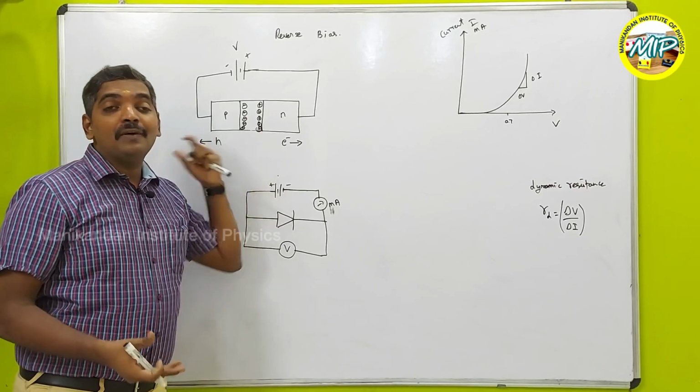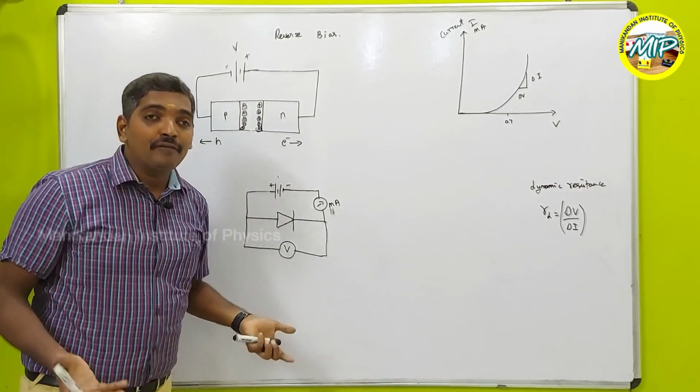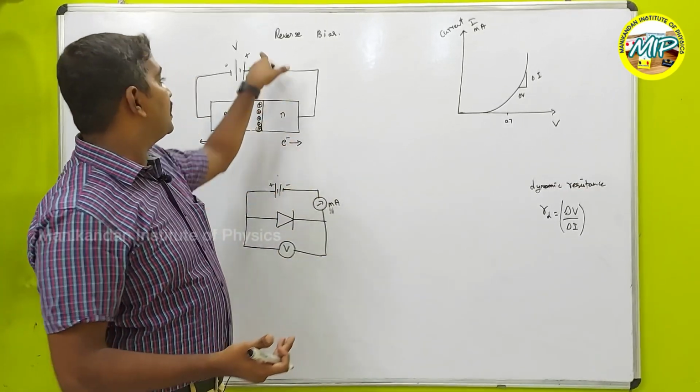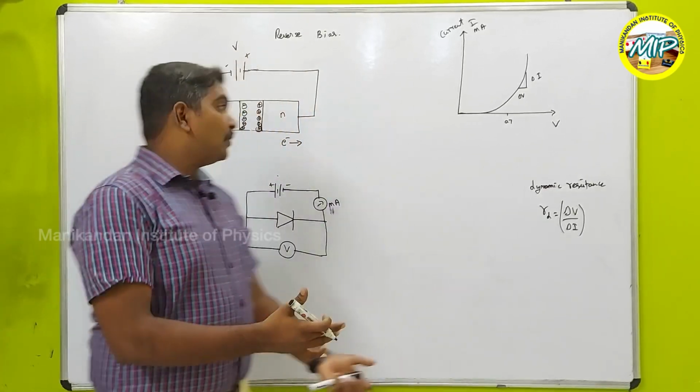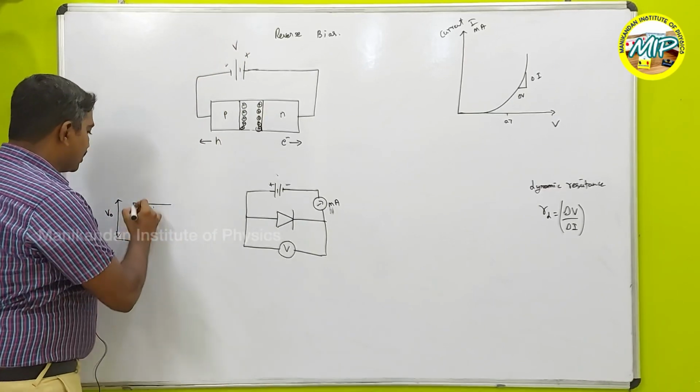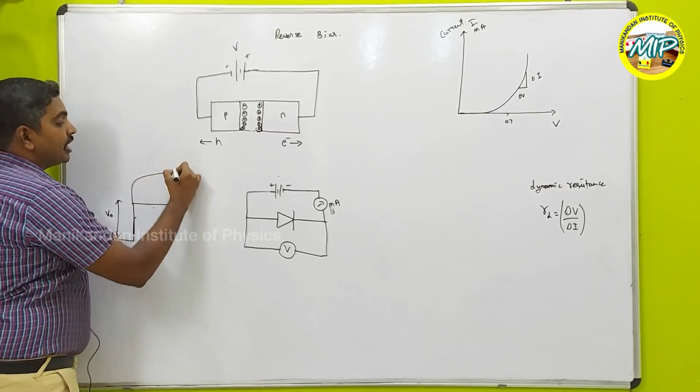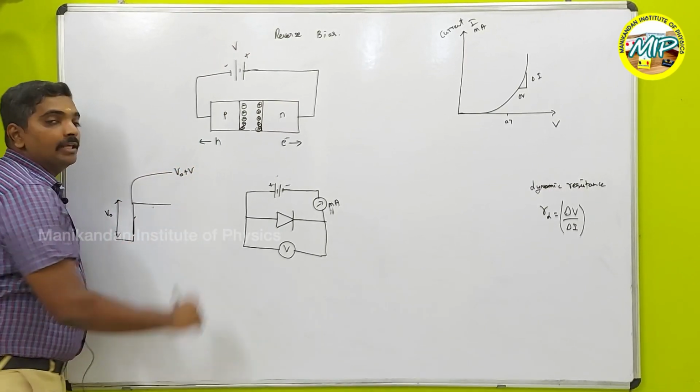So the barrier potential will increase: V naught plus V.